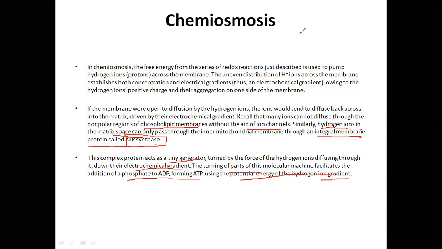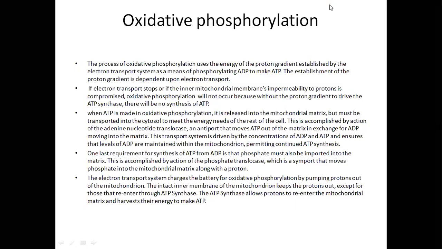This is what happens in the chemiosmosis process, and during this process oxidative phosphorylation takes place by the use of the ATP synthase mechanism, and they provide ATP. You see, oxidative phosphorylation.